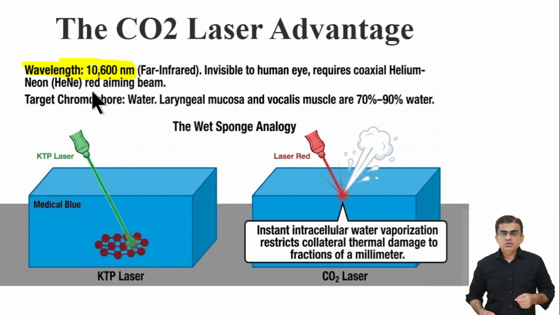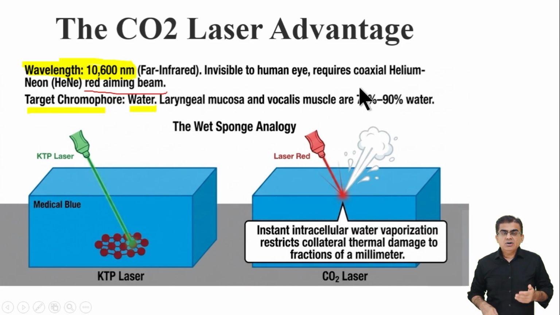This red beam shows you exactly where your invisible surgical cut will occur. The absolute target chromophore for this specific energy is simply water. Human laryngeal mucosa and the deep vocalis muscle are naturally composed of 70 to 90% water.